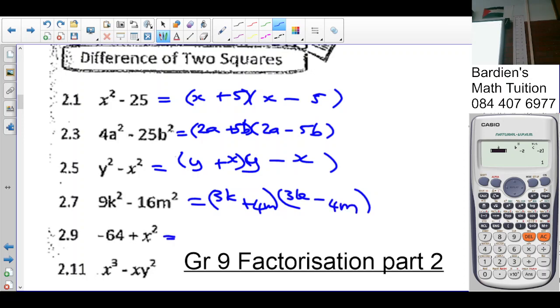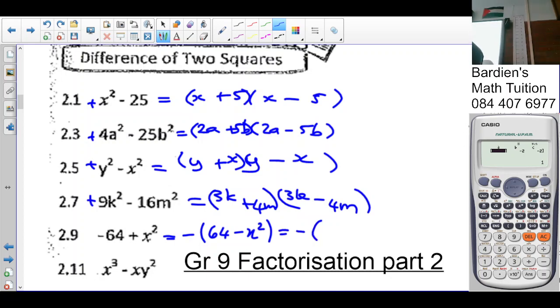The next one. So this one in particular, what you notice here is that all these numbers are positive, so this is not positive. So one of two things I can do: either rearrange or take out negative as a common factor. If you take out negative as a common factor, you are left with 64 minus x squared. Now it's a difference of two squares.